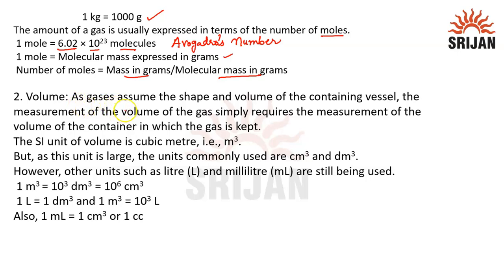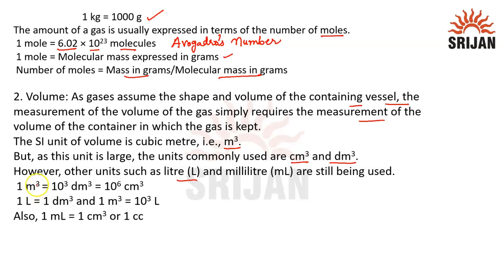We know that gases assume the shape and volume of the containing vessel. The measurement of the volume of a gas simply requires the measurement of the volume of the container in which the gas is kept. The SI unit of volume is meter cube, but this is a large unit. Commonly used units are centimeter cube and decimeter cube, but sometimes liter and milliliter are also used.